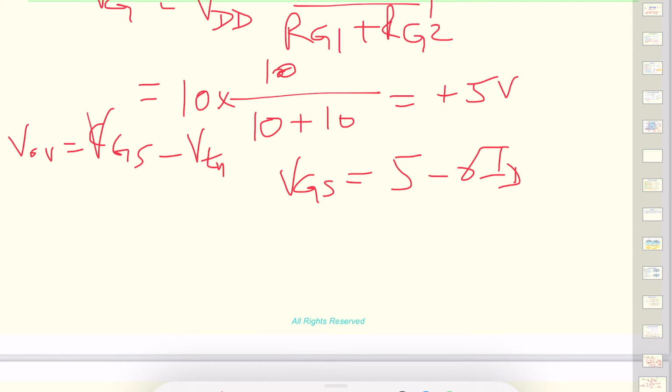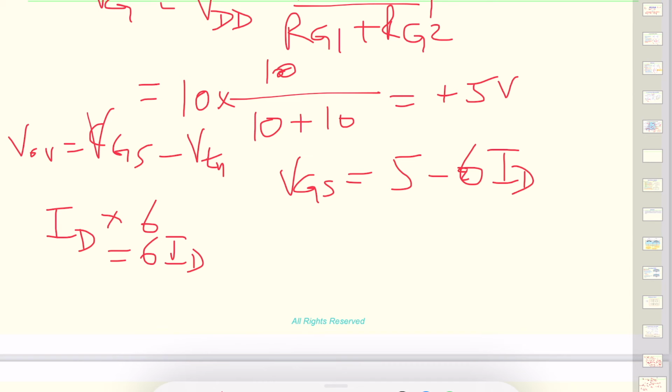So the voltage at the gate and the voltage at the source, they both should be related by this relationship. So this comes from, if we want to find the voltage at the source, the current is ID, which is passing through 6 kilo ohms, and that would be 6 ID.